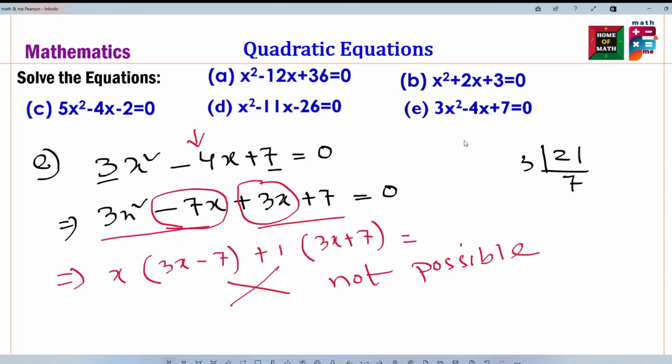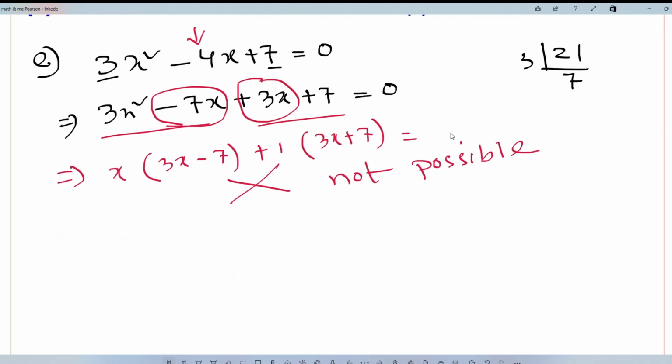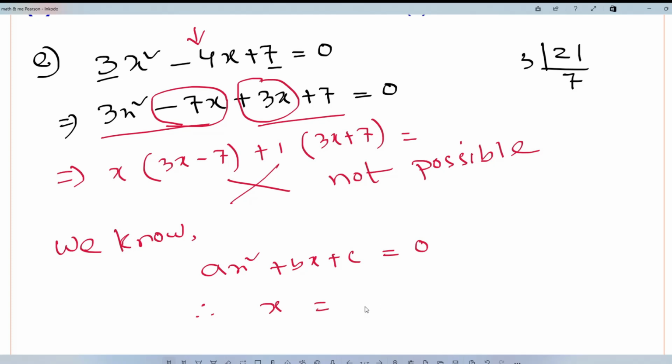So we will try to find the solution by the quadratic formula. So we know ax square plus bx plus c equals 0. So x is minus b plus minus root over b square minus 4ac divided by 2a.